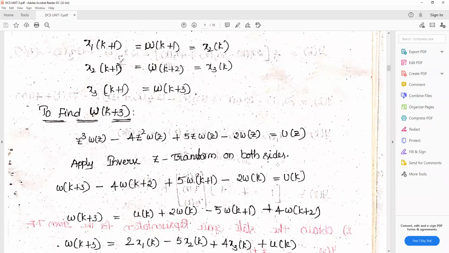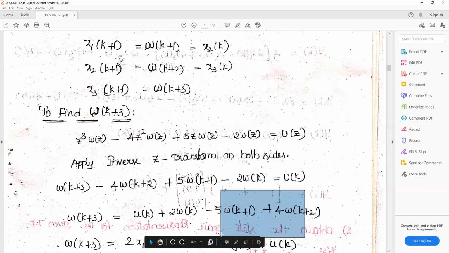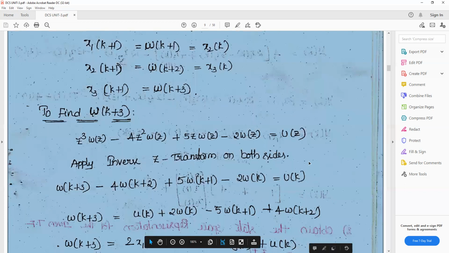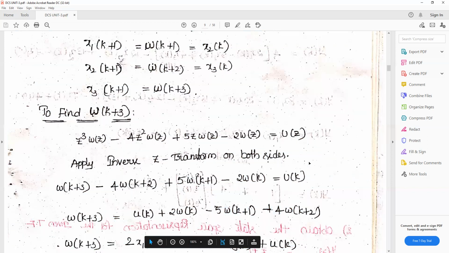Apply inverse z transform. z cubed is w of k plus 3, z squared is w of k plus 2, z into w of z is w of k plus 1, and so on. So w of k plus 3 is equal to u of k plus 4 into w of k plus 2 minus 5 into w of k plus 1 plus 4 into w of k.